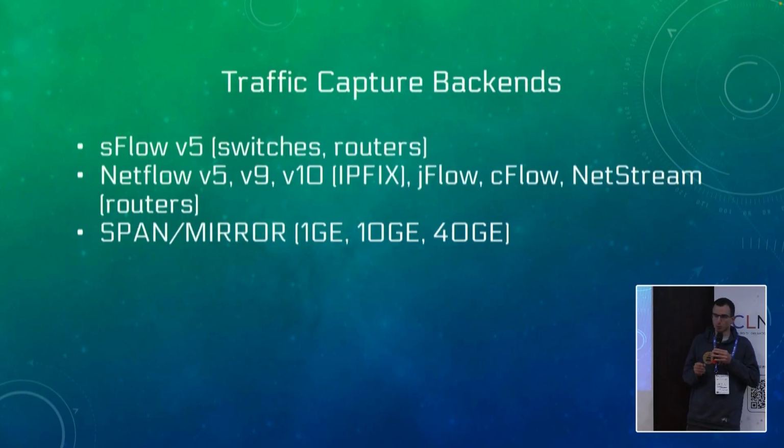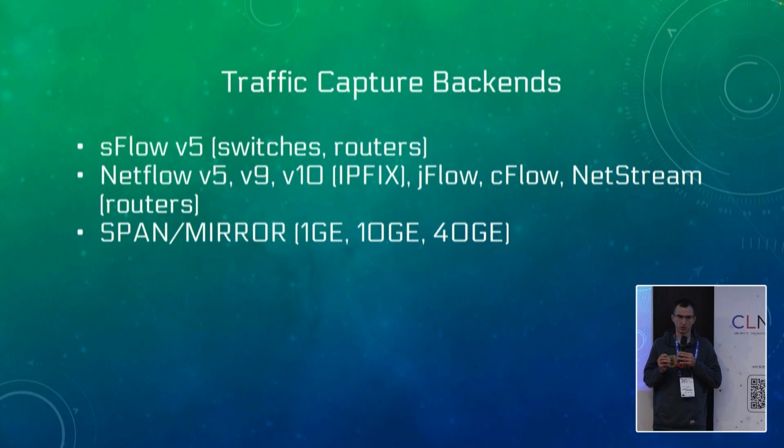In terms of ways FastNetMon can learn and get traffic from your network, we support basically all the telemetry protocols available on the market, maybe with a few exceptions. It's up to you to decide which one is best for you.